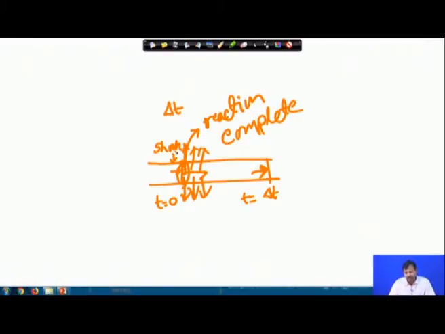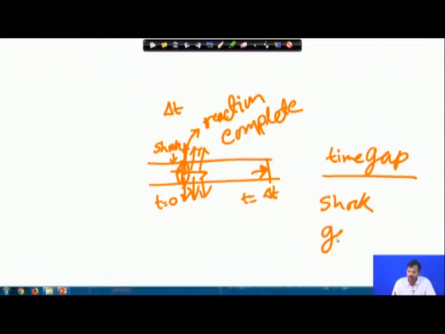So, basically this gives the idea that there is a time gap between the generation of shock and generation of gas from explosive. So, what will happen? The shock is released ahead of the gas when the explosive is under detonation.